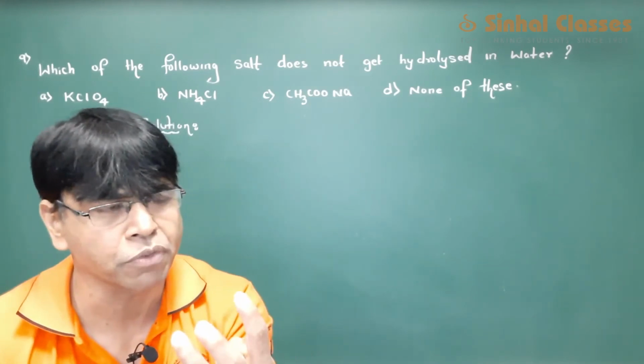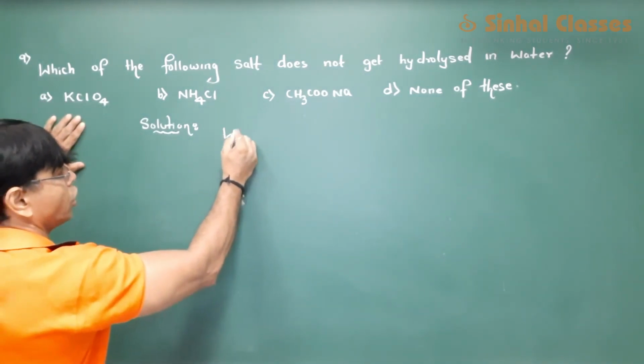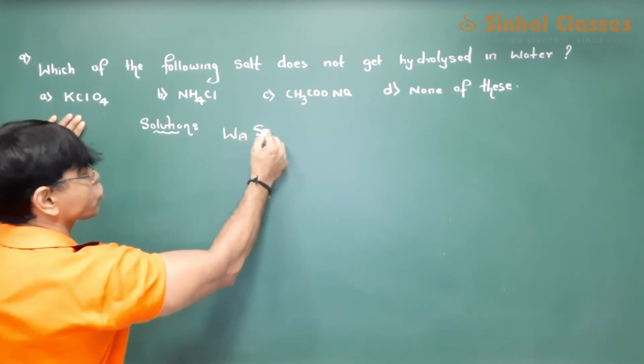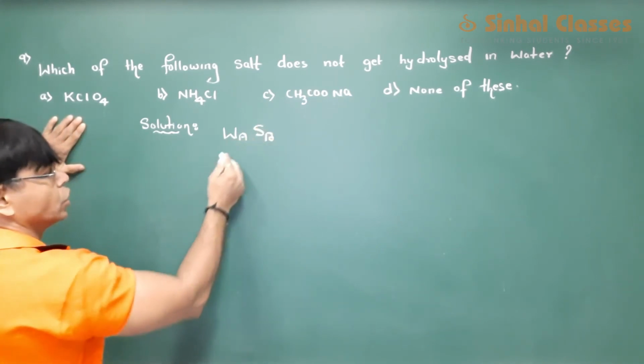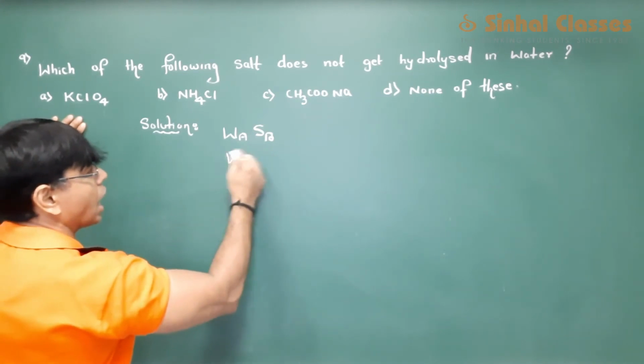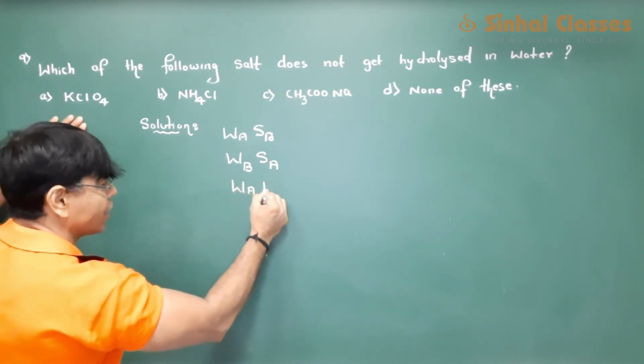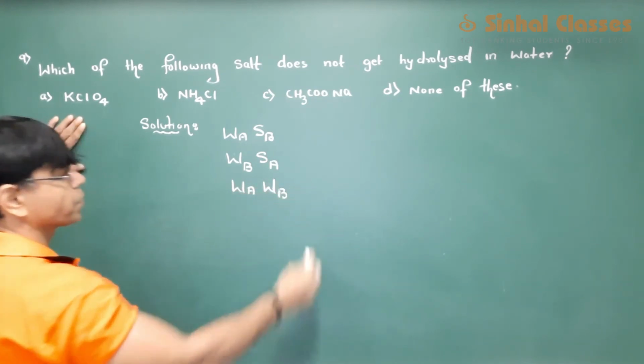There are three types of salts which undergo hydrolysis: one, salt of weak acid and strong base; two, weak base and strong acid; or three, weak acid and weak base.